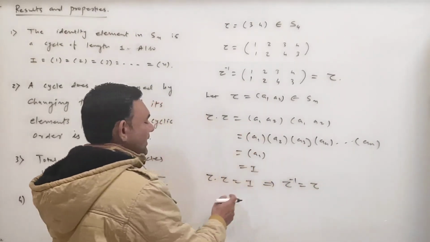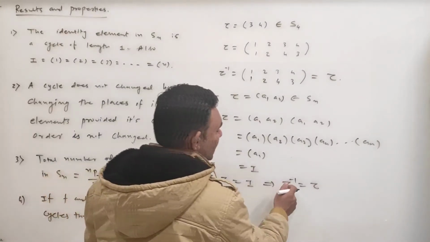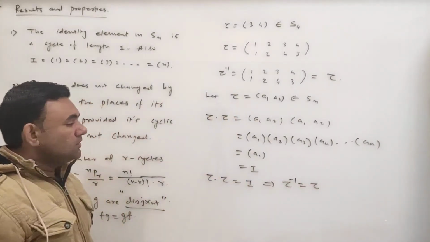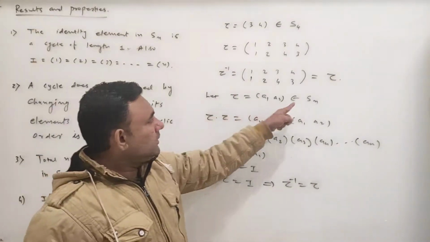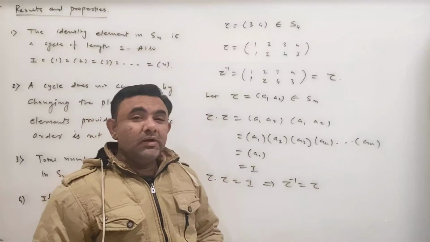इन दोनों का प्रोडक्ट आइडेंटिटी, तो ये दोनों एक दूसरे के इन्वर्स हैं, तो इसका इन्वर्स उसके पास वाला, but that is what? Itself. So tau inverse is tau, and tau is what? It is a transposition. तो यहाँ से क्या प्रूव हुआ?